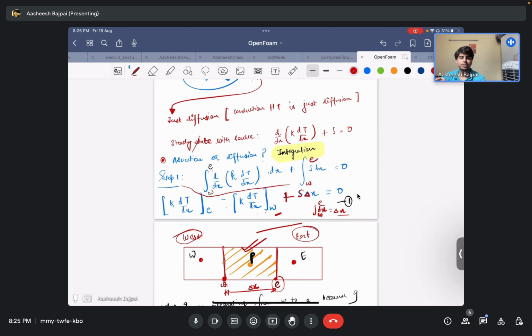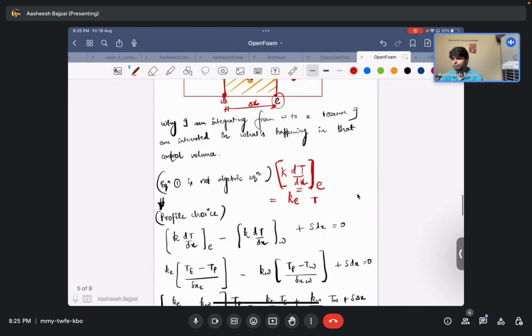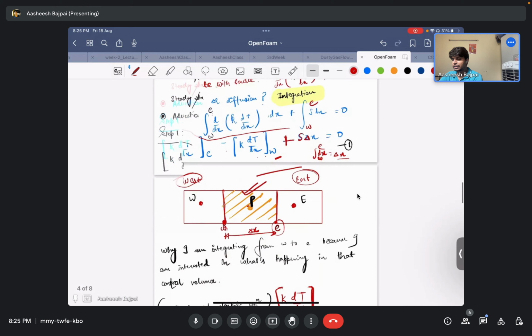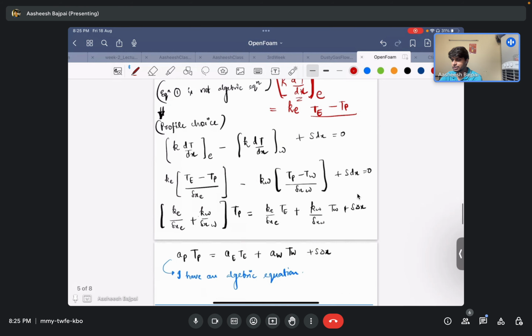Okay, so let's assume it's a linear temperature difference between capital P to capital E. It's an assumption, the first assumption which we are taking. So what will happen is, this will be the value of temperature at E minus value of temperature at P by the difference between these two, which is delta XE. Suppose we are calling it delta XE.